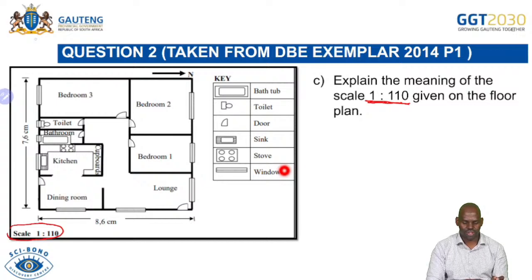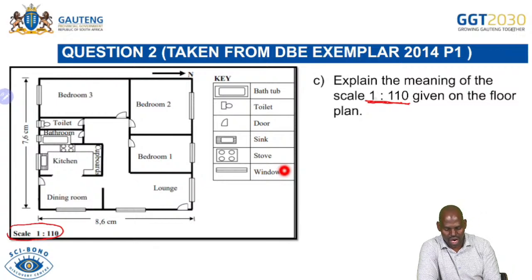So it indicates how many times the plan has been reduced. So 1:10 given on the floor plan means the floor plan is 10 times smaller than what it is on the ground.